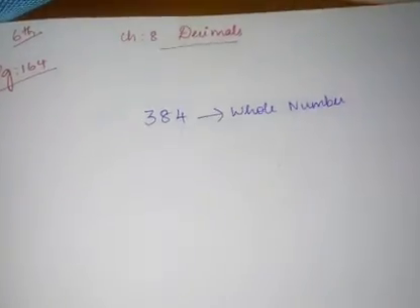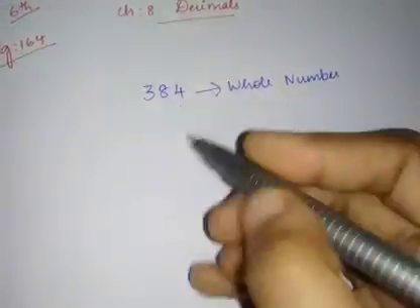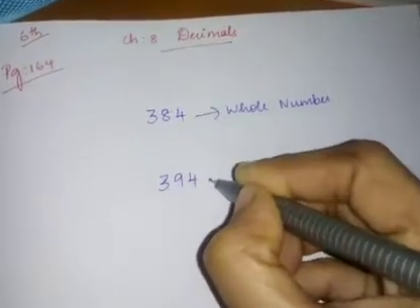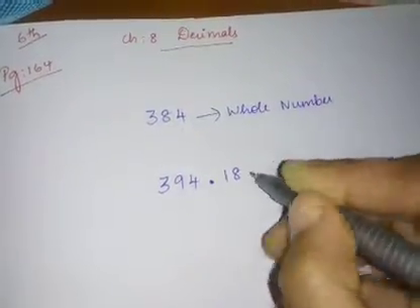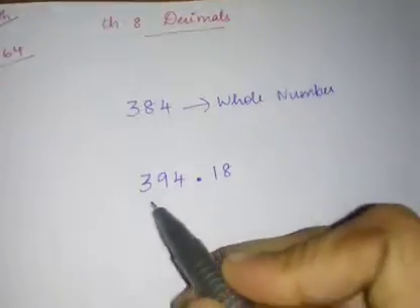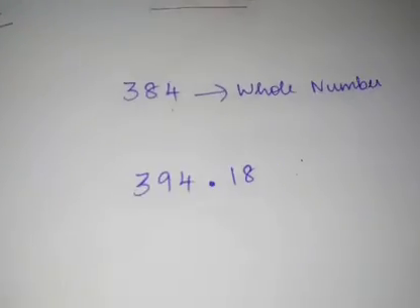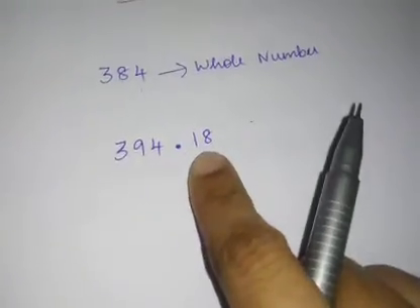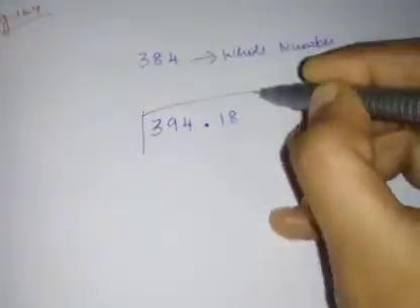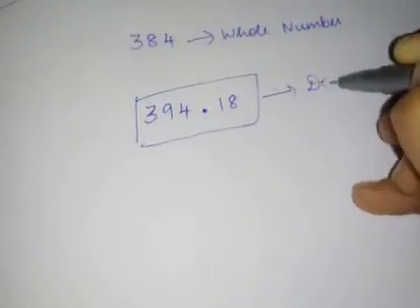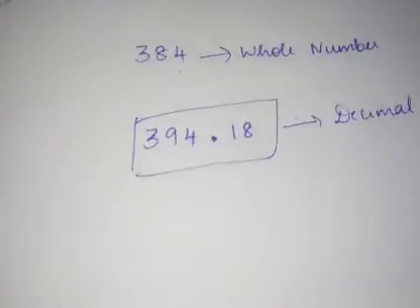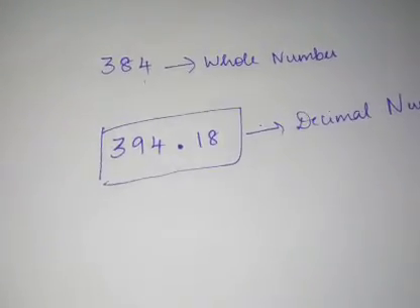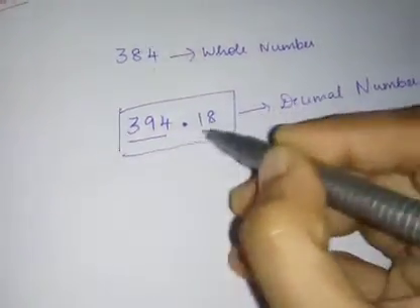But when we define a decimal number, it is a combination of a whole part and a decimal part. So 394.18 is called a what number? Decimal number. Yes. So a decimal number has two parts.